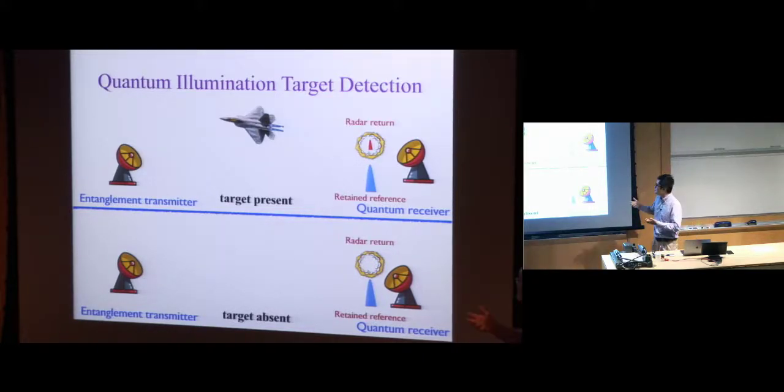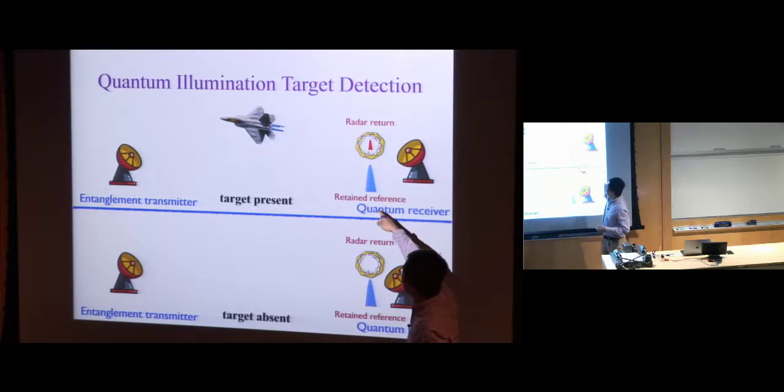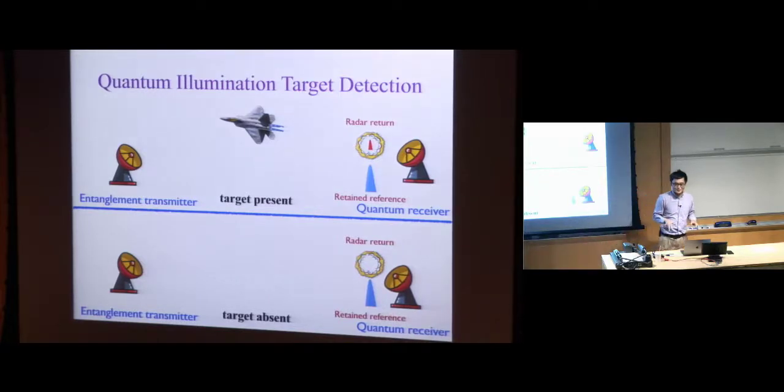That means even in the target present case, if you look at the retained reference with your returned signal, there's no entanglement there. So can you construct an entanglement transmitter and receiver to show that this entanglement-enhanced quantum illumination target detection actually outperforms the best classical illumination scheme? This is what we're going to show.